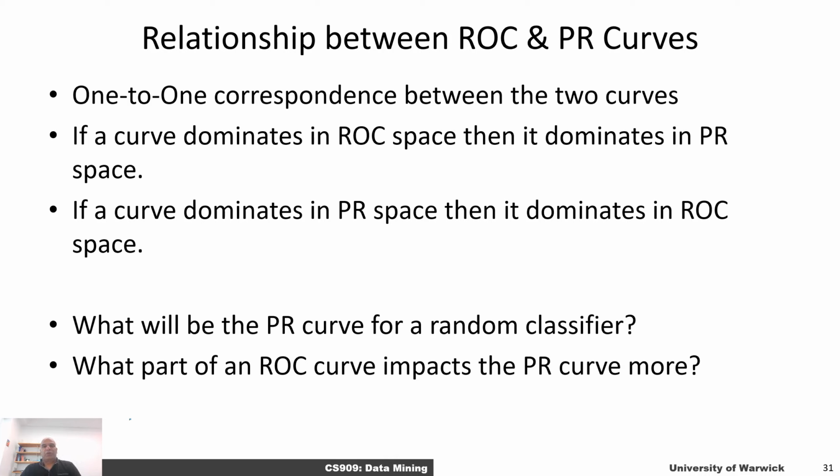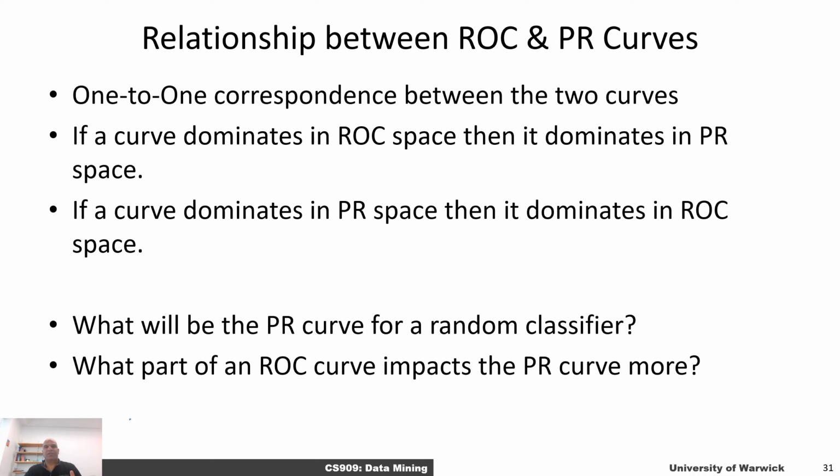Now, there are two trick questions that I want you to think about, and those are related to the behavior of random classifiers in the PR curve. Can you plot the PR curve of a random classifier, a classifier that generates random numbers as its predictions, so a completely useless classifier?